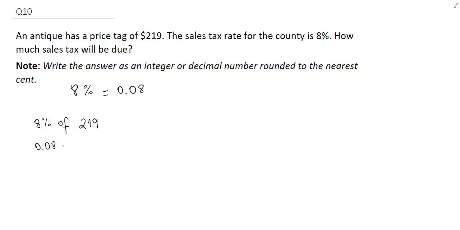Of means multiplication. So I always have to multiply the 8%, or the 0.08 decimal number, by the value of the product that I'm buying. So here I'm going to do the multiplication.